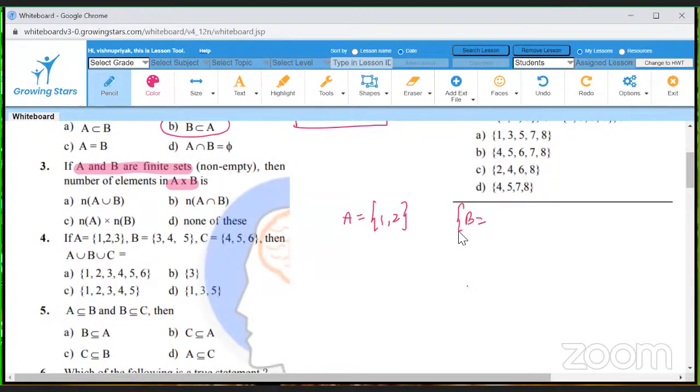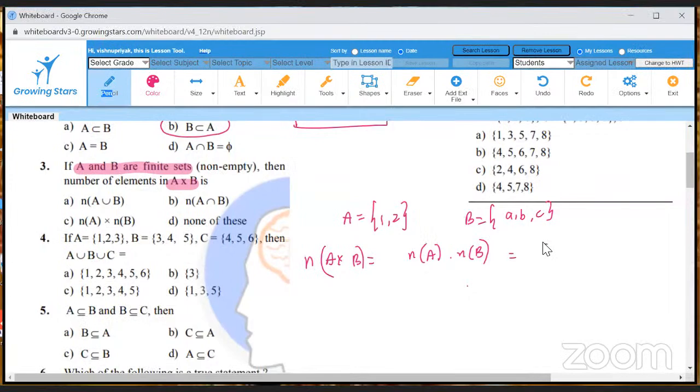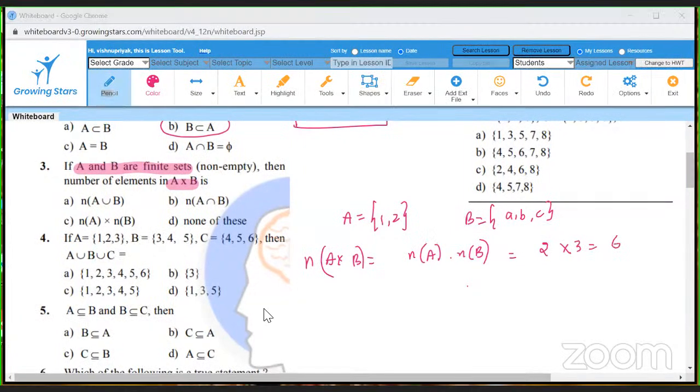B is having A, B, C. Then what is A cross B? And in A cross B, how many elements will be there? That will be the number of elements in A into the number of elements in B. In A, 2 are there and in B, 3 are there. You will have a total of 6 elements. Yeah, C is the correct answer.